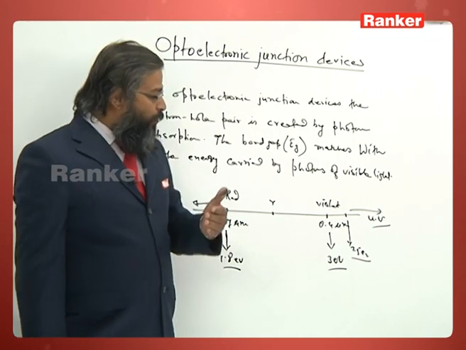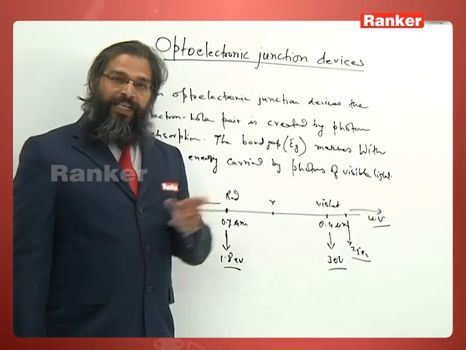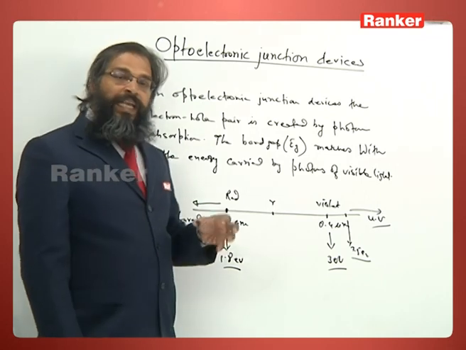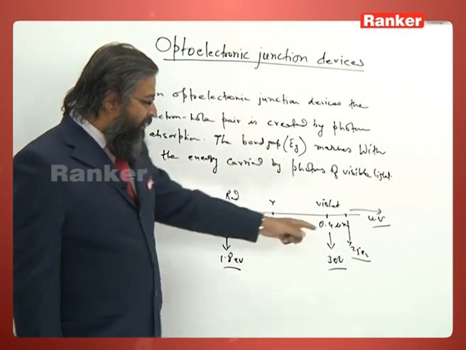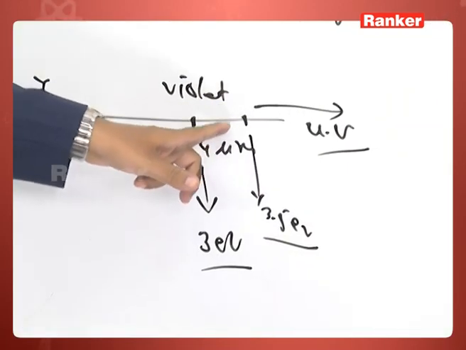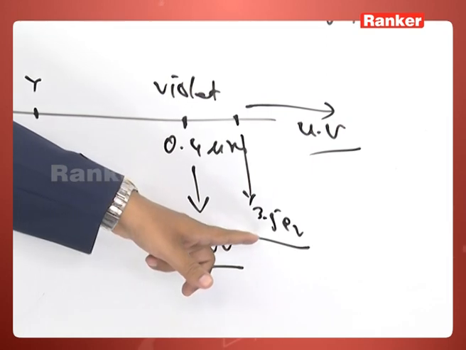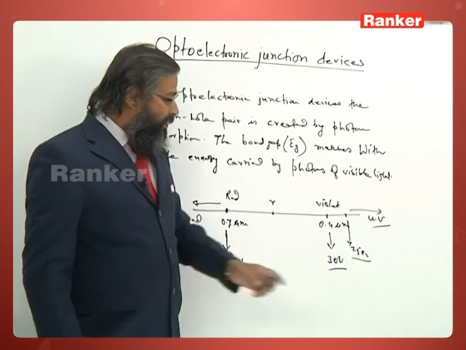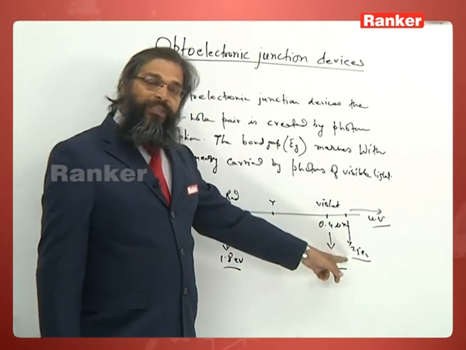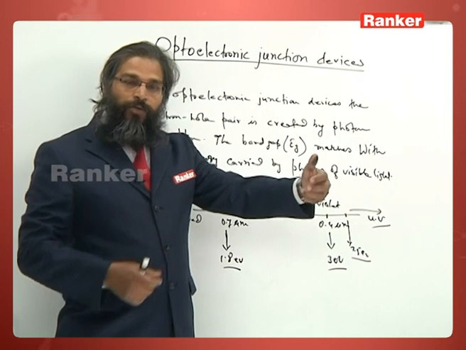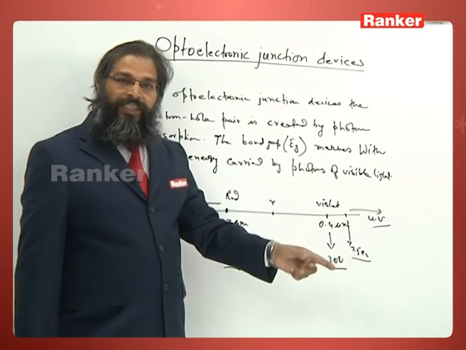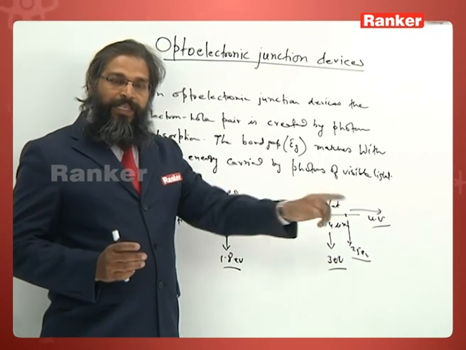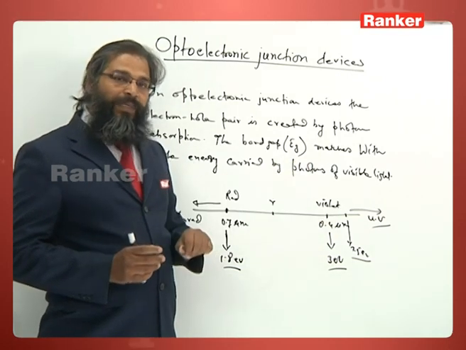You might have seen in some movies, invisible sensor rays, and when you pass through those rays and interrupt them, then an alarm will be switched on. So, there is a sensor, a device whose forbidden gap is 3.5 electron volt, and some diode creating rays with this wavelength from one place, which at another location are absorbed and detected. Whenever you interrupt the rays, the detection will not take place, and an alarm will be triggered.